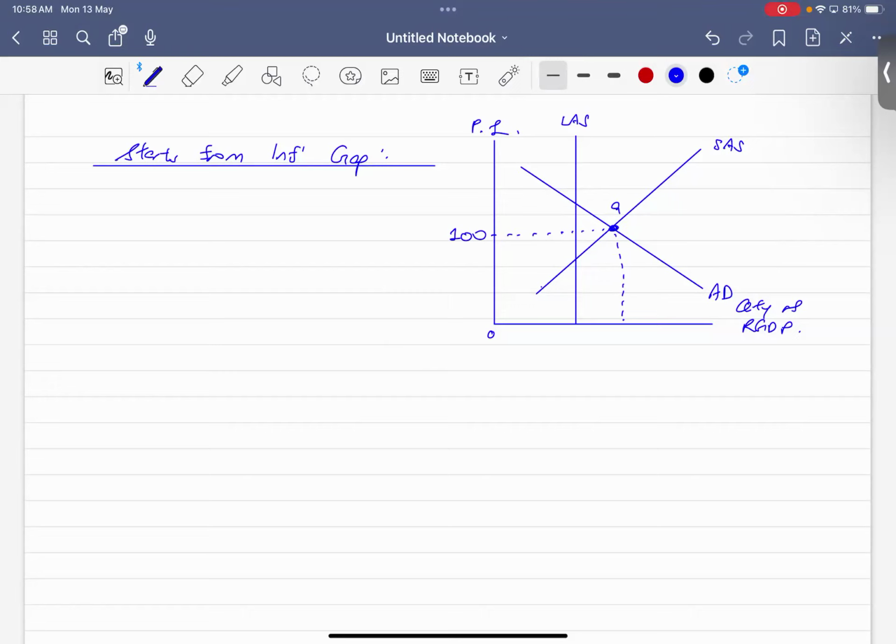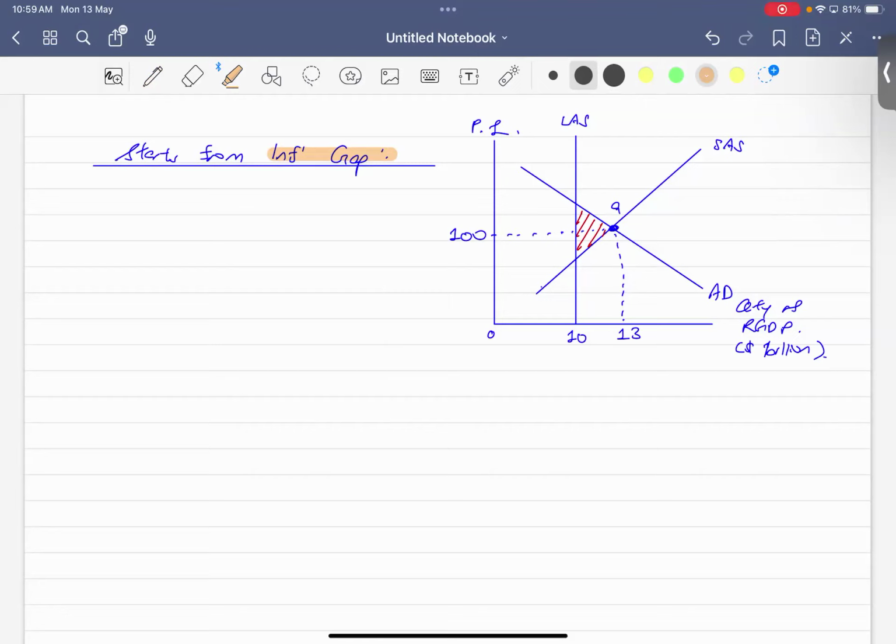So full capacity is, for example, 10 billion, but you're producing up to 13. So this gap over here is the inflationary gap. You are producing beyond the full capacity.